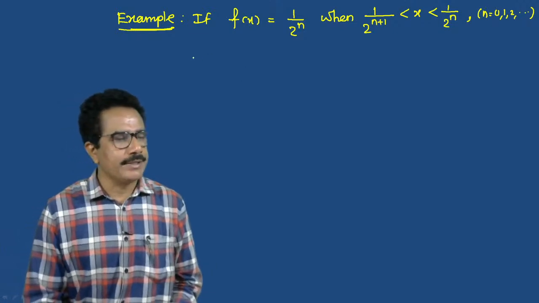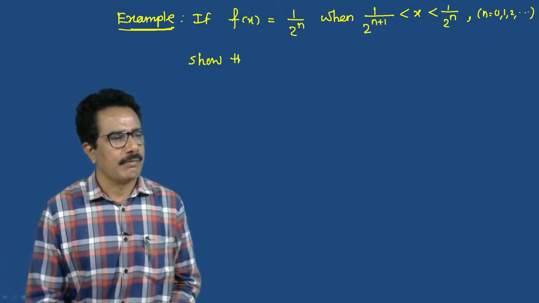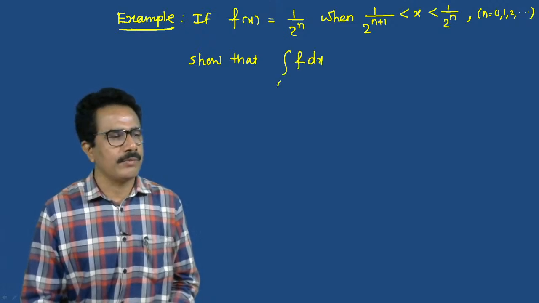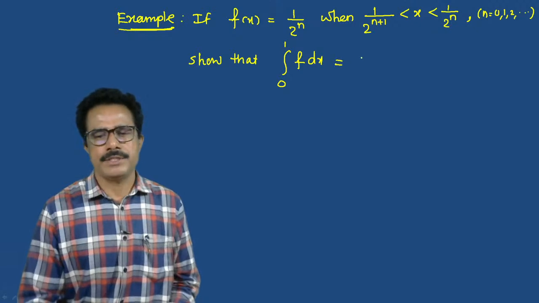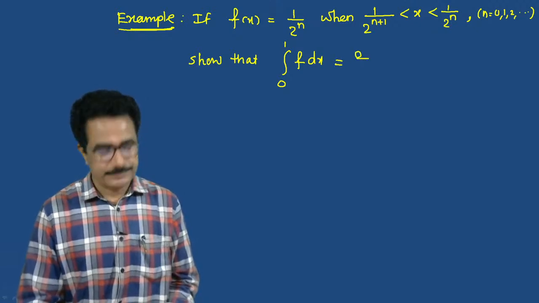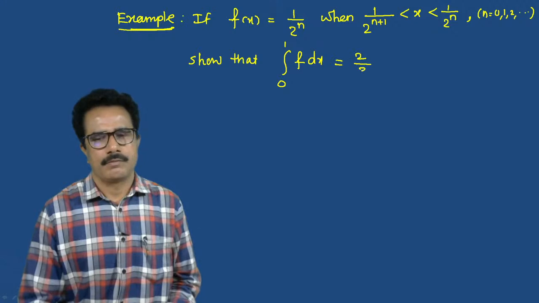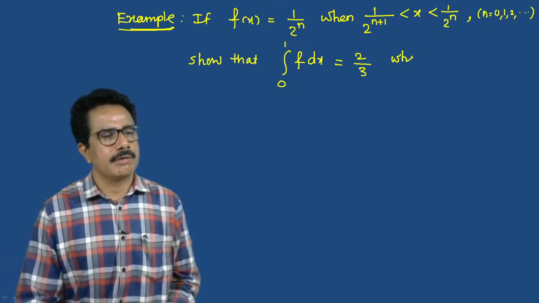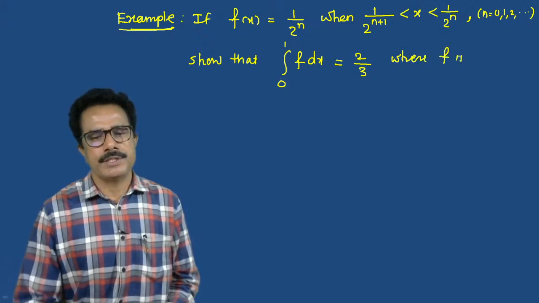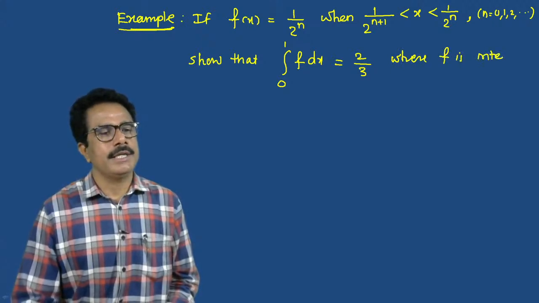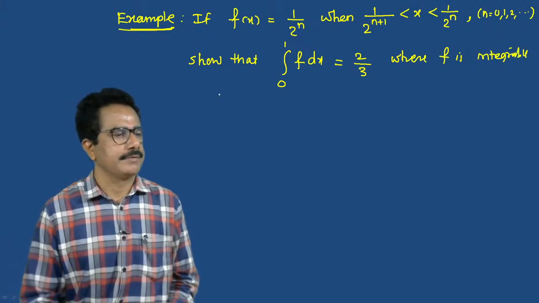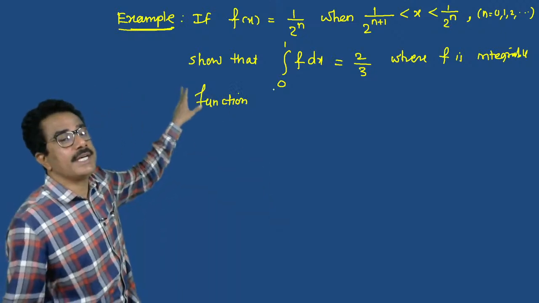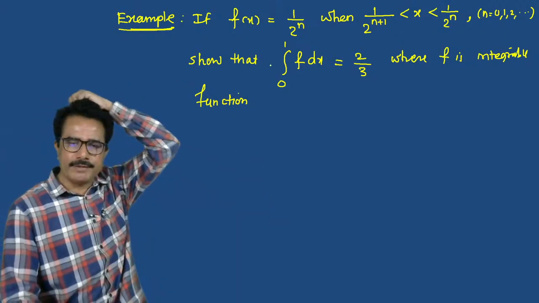Then show that the integral of f dx from 0 to 1 is equal to 2 by 3, where f is an integrable function. We have also proved yesterday that f is an integrable function.